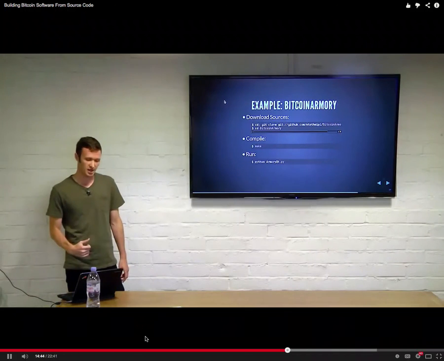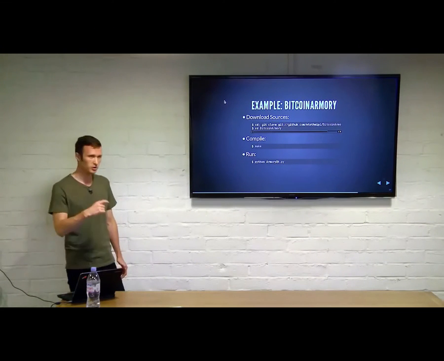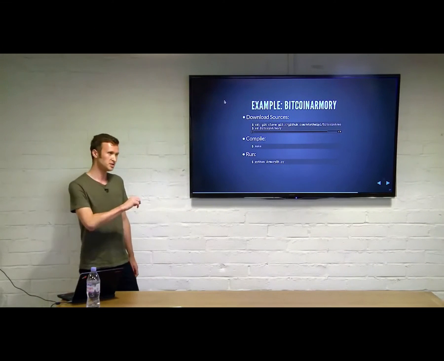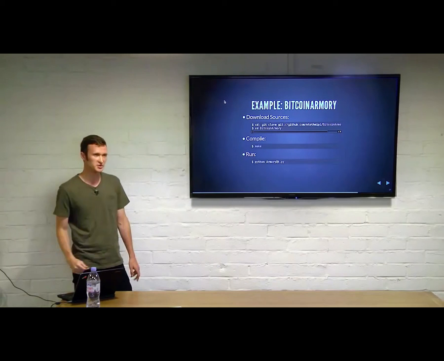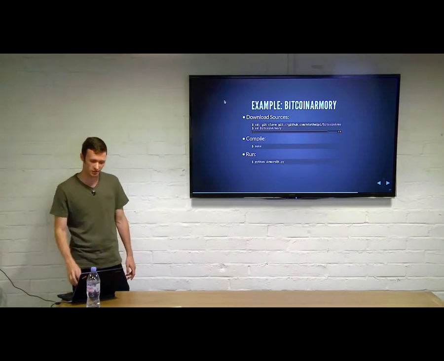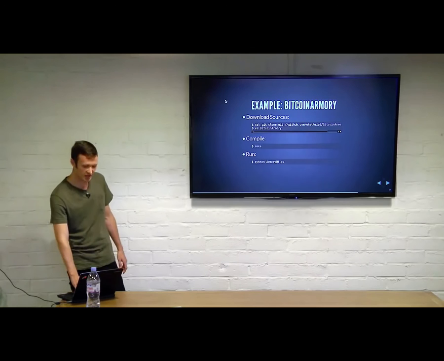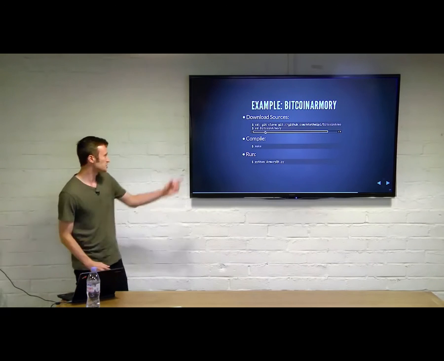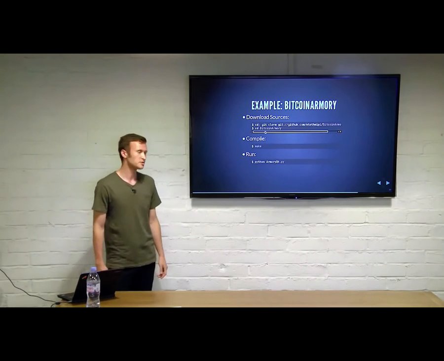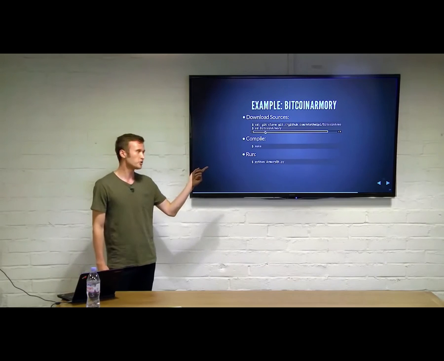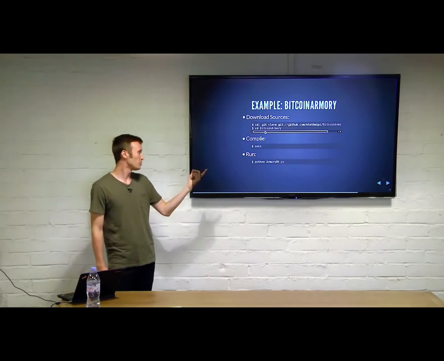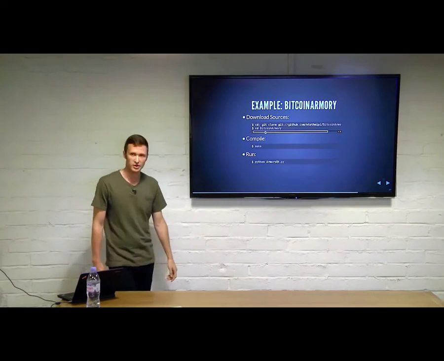This is a desktop wallet. It actually requires the Bitcoin D service that we just previously compiled, or if you've installed it another way. So this shows you how simple it can be. In this case, we're just cloning the Bitcoin Armory source, changing directory into that folder, doing the compile, and then we run it through Python.